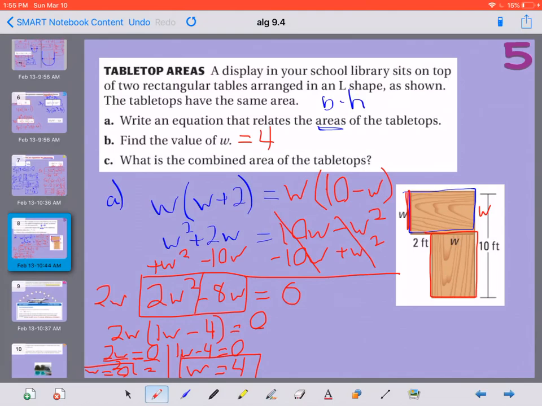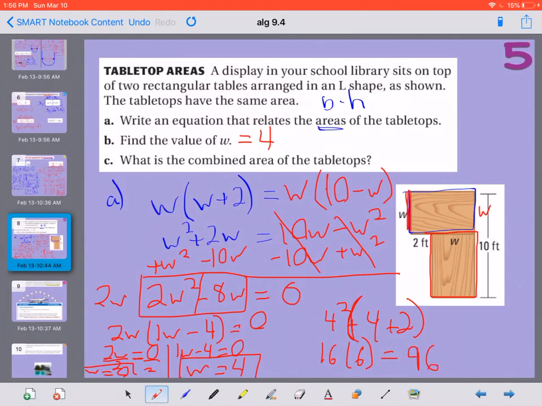So if we look at our W squared, it would be 4 squared times 4 plus 2, so it would be 16 times 6. 16 times 6 then gives us 96.